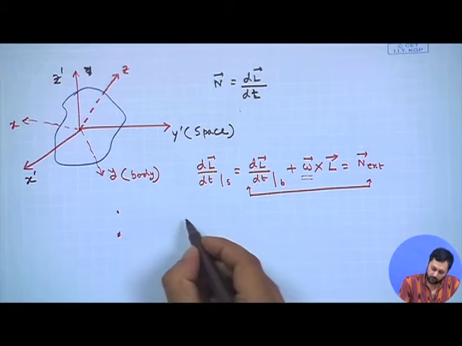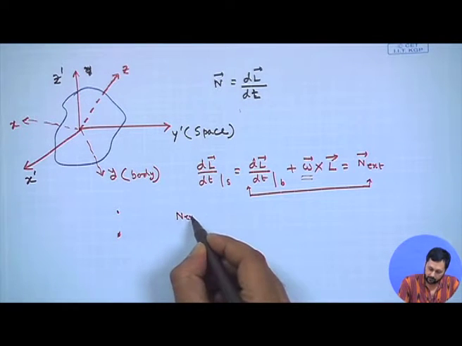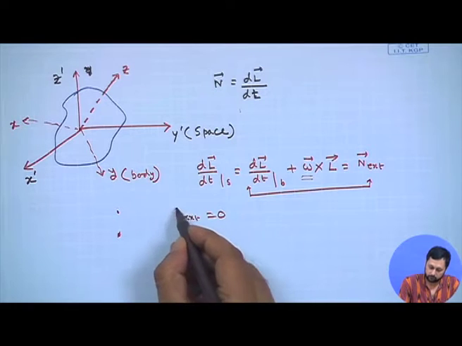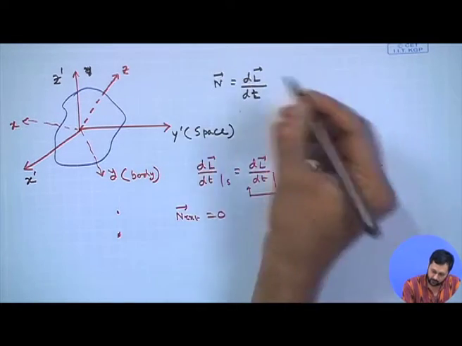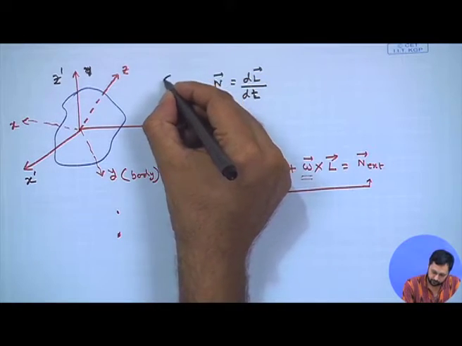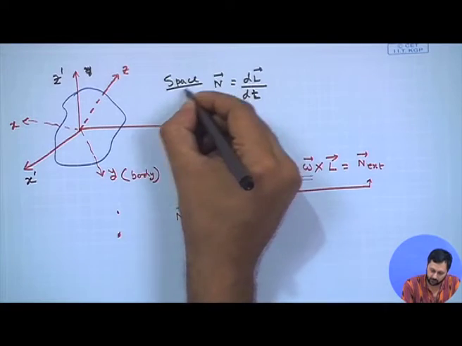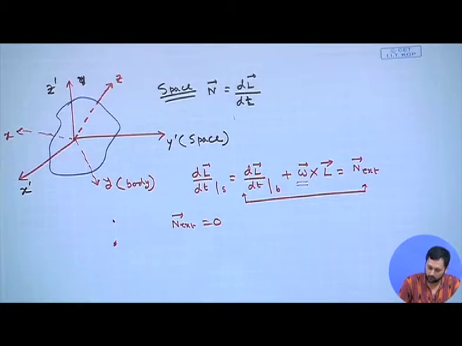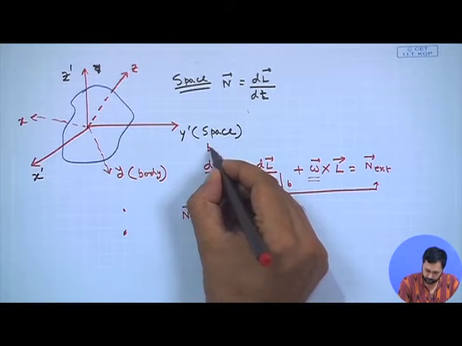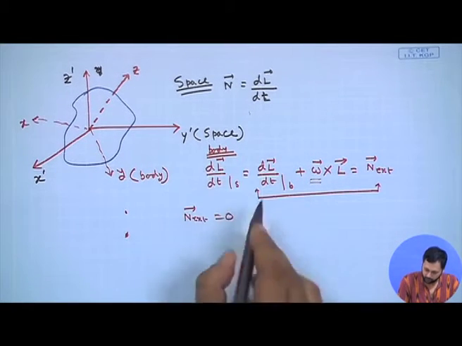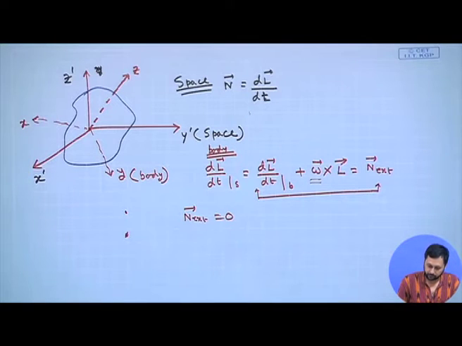Now, if we set n external equal to 0, that means external torque equal to 0. For the space set of system this is the equation, for the body set of system this is the equation.